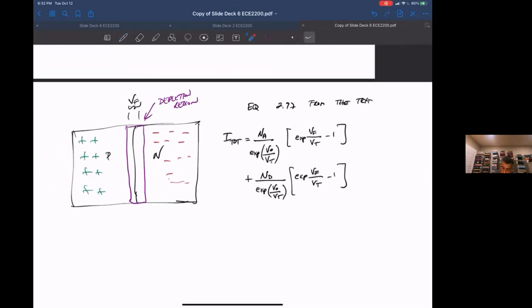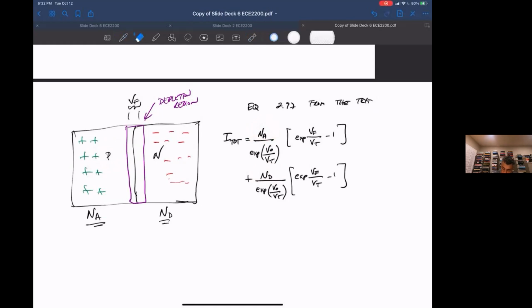One of them is the diffusion current of the holes, and it's this one. We have this term, the doping concentration of the acceptors on the P side. And this one is the current of electrons, so that's got the doping concentration of the donors on the N side.